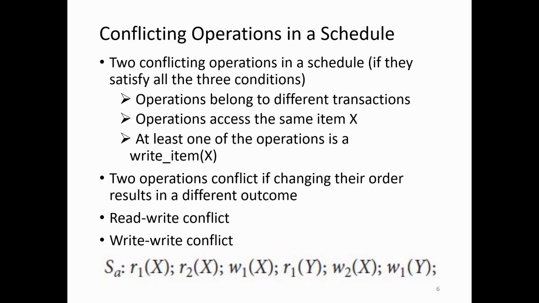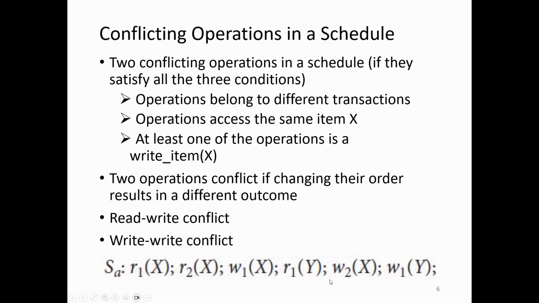Then also W1X and W2X, right? These two are also conflicting, because they come from two different transactions, the same X is accessed, and at least one should be write. Both are write, so that is satisfied.